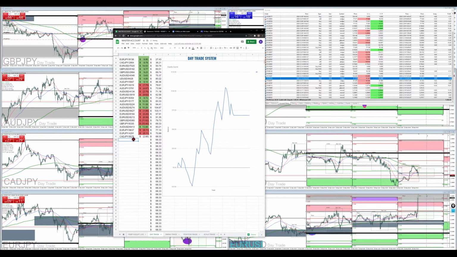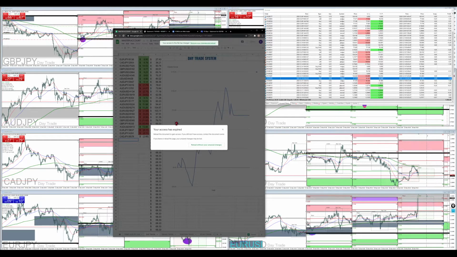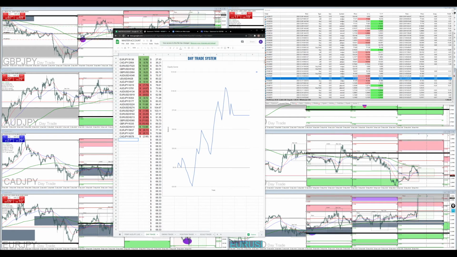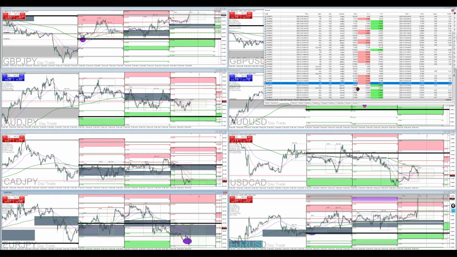Okay, and then the other one's also the CAD yen, 0401. Oh, you gotta be kidding me. Okay, so now we're getting into, so 1, 2, that's those two. This one right here was an old swing trade. 5787.